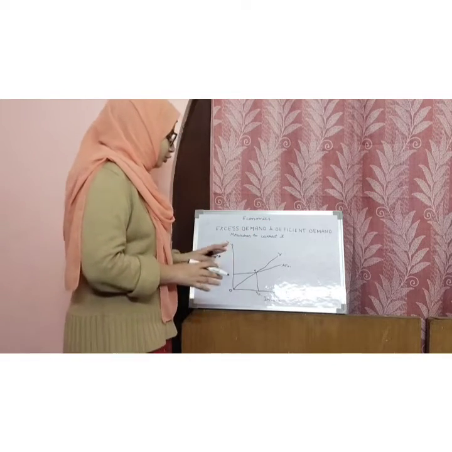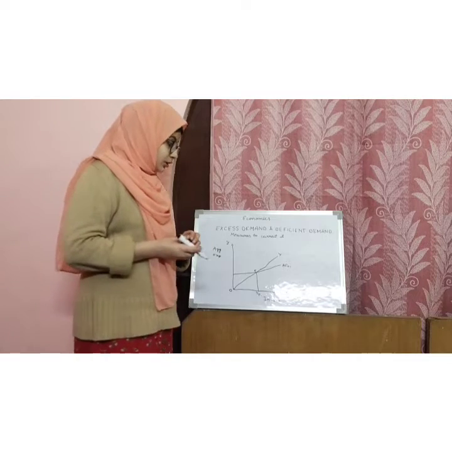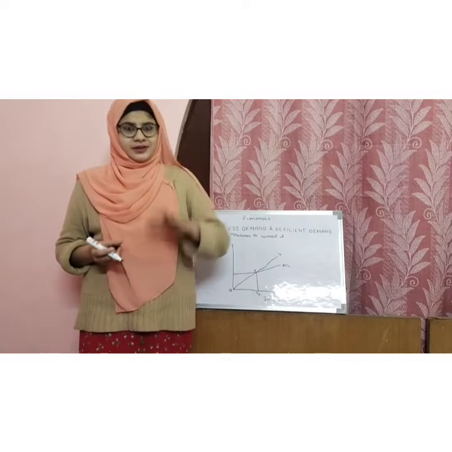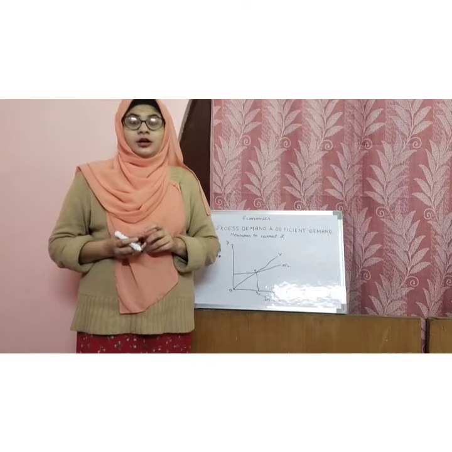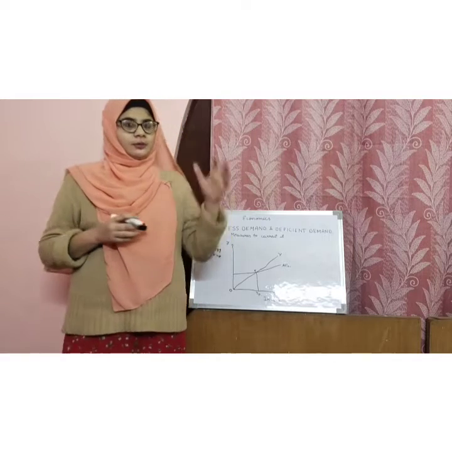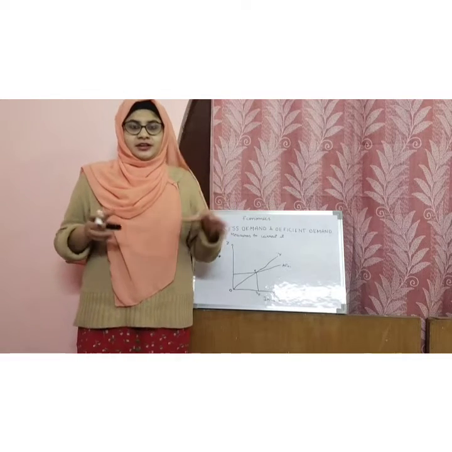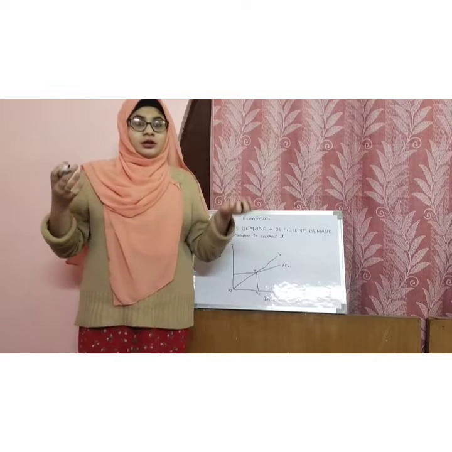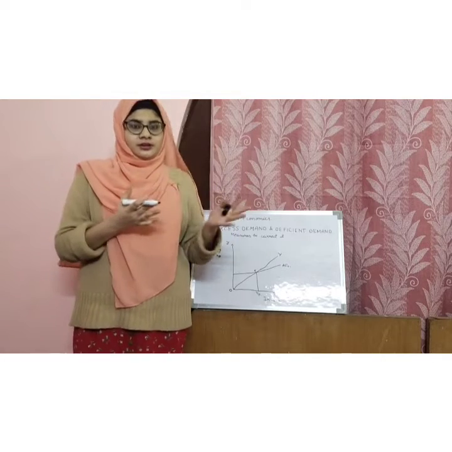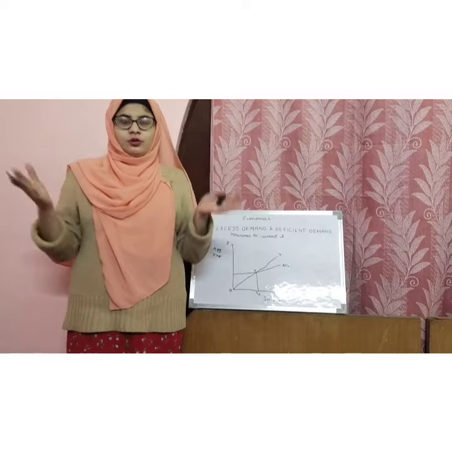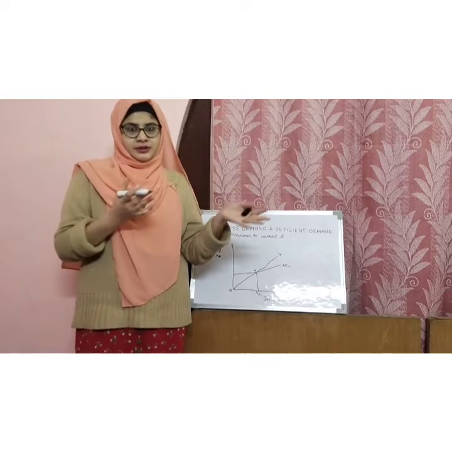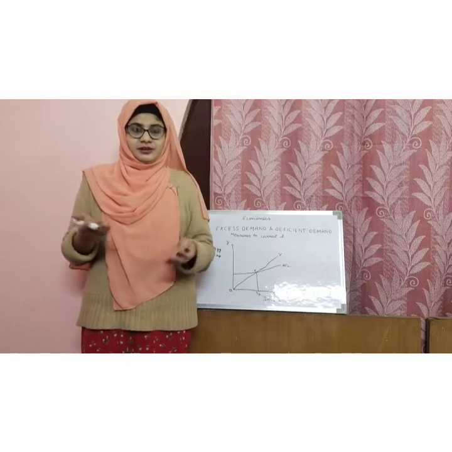So now what will happen in the economy? Government expenditure increases. Now you all know, if the government expenditure increases, then people will be curious to consume that thing, because everyone wants to consume what the government is producing and giving.